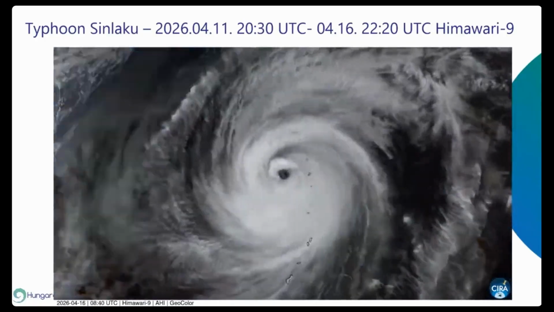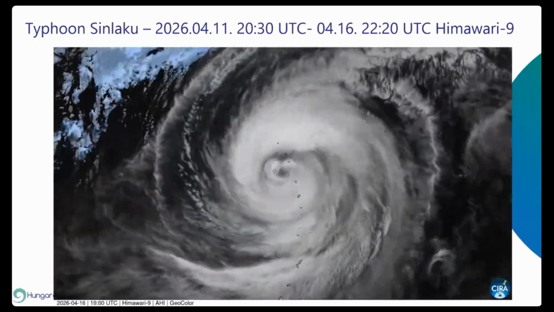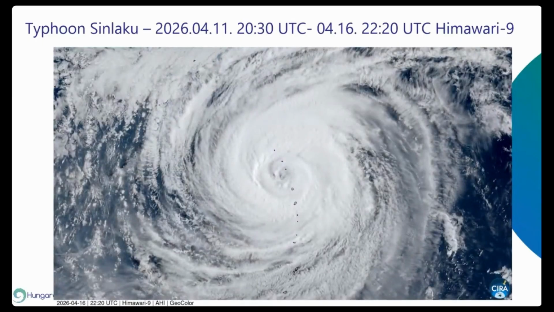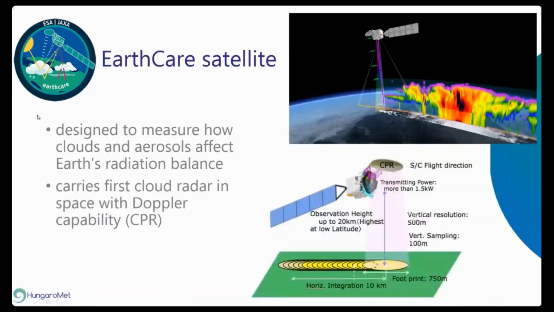And why I show this is because there is one low orbit satellite, EarthCARE, which was also able to see this typhoon. EarthCARE is designed to measure how clouds and aerosols affect Earth's radiation balance. It is a joint effort by ESA and JAXA, the European and the Japanese space agencies.